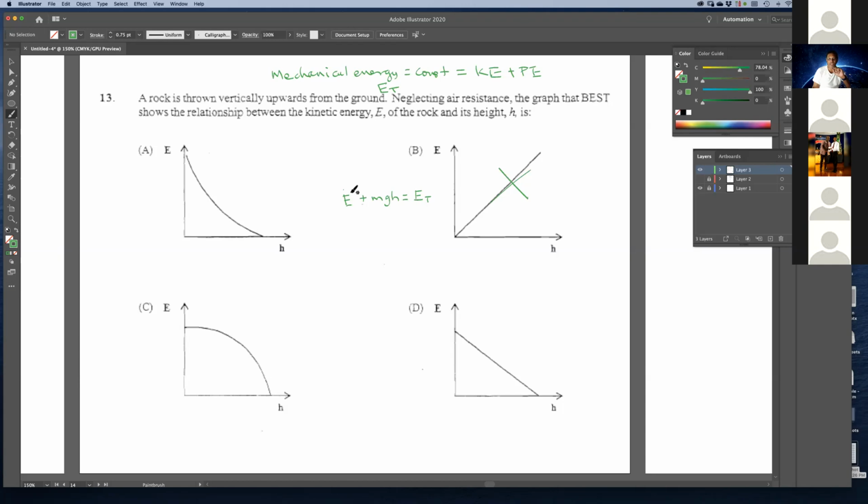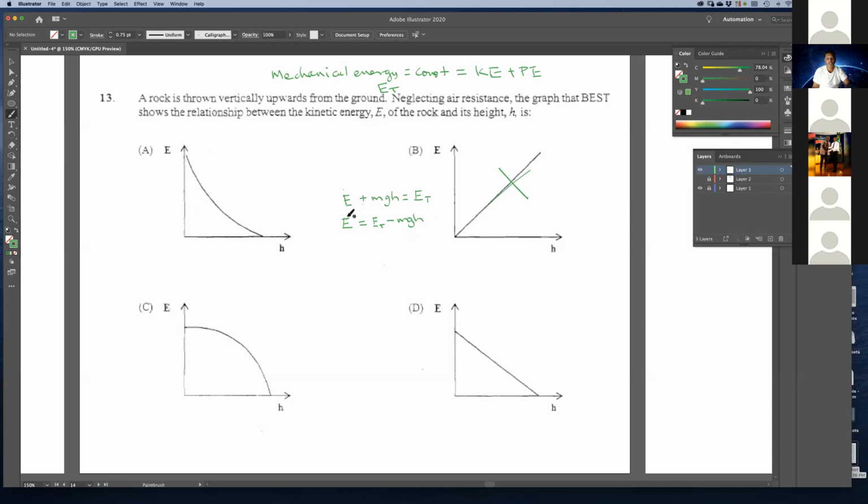And we want a relationship between kinetic energy and height. So we can transpose this equation and give us that E, which is the kinetic energy, is equal to ET minus mgh.